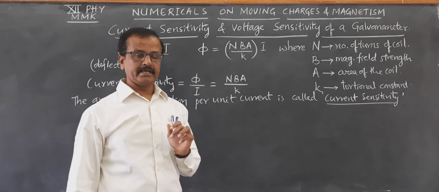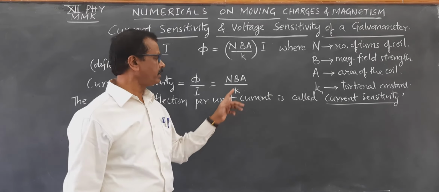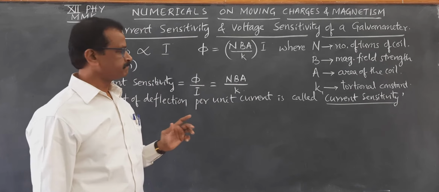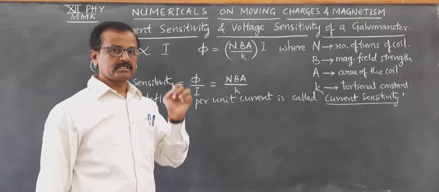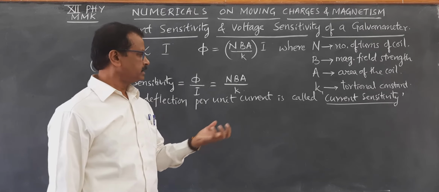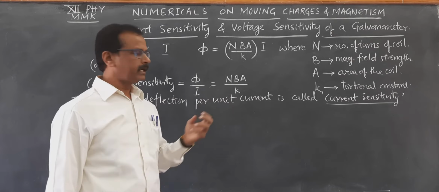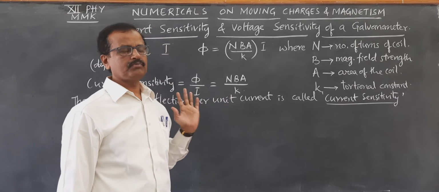A is the area: the larger the area of the coil, the more is the current sensitivity. And K is the torsional constant. The suspension wire or spring to which the coil is attached should have a very low value of constant. Torsional constant should be as small as possible.